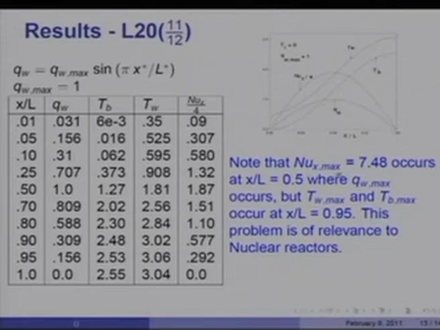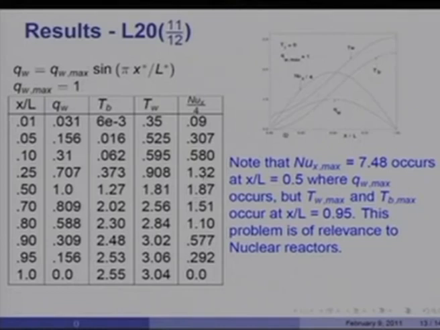So, the maximum Nusselt number is 7.48, and it occurs at 0.5 where q wall max occurs, but T wall max and T bulk max continue to increase till x by L equal to 0.95, and this problem is of relevance to nuclear reactors. Again, we can use the constants given in lecture 19 for flow in a circular tube.